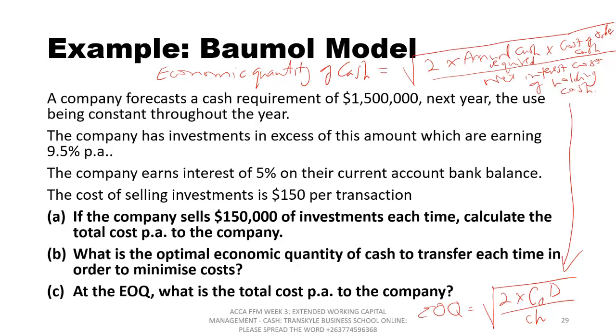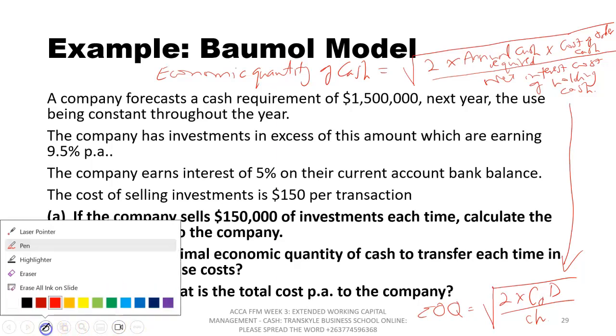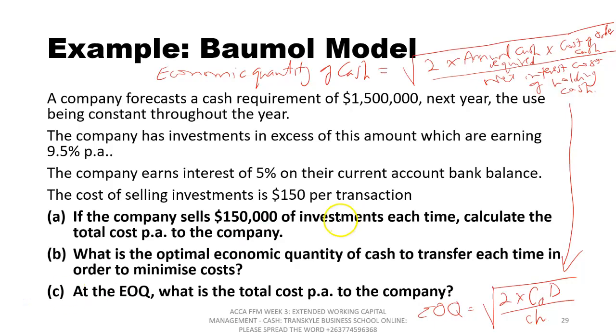So it's almost just the same thing we are talking about. Now let's try to determine the figures from the question so that we know when to use them and when not to use them.